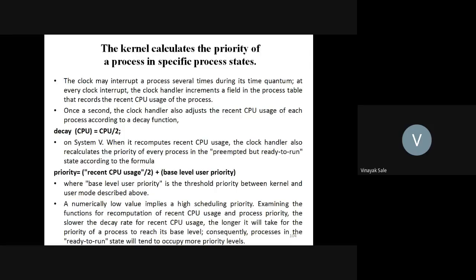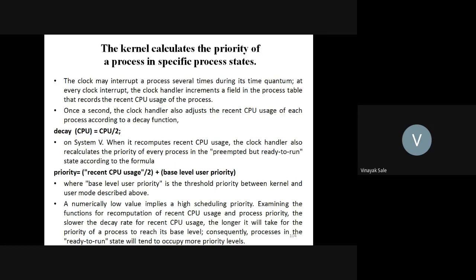The clock handler also recalculates the priority of each process in the preempted but ready to run state according to a formula. That formula is priority = (recent CPU usage / 2) + base level user priority, that is, half of the recent CPU usage plus the base level user priority.